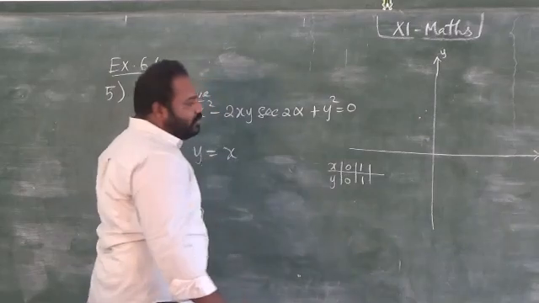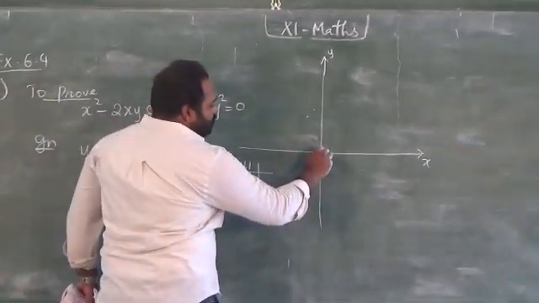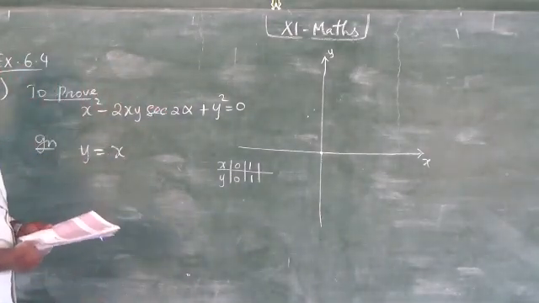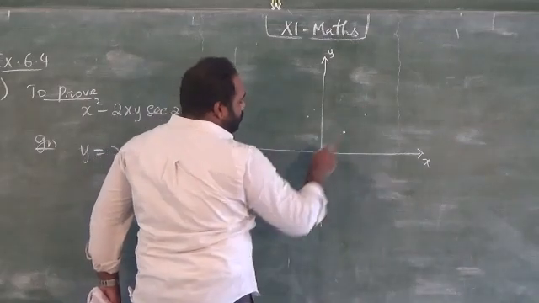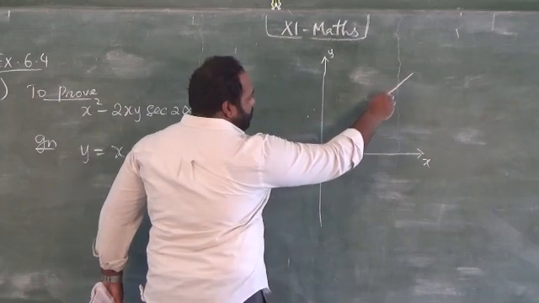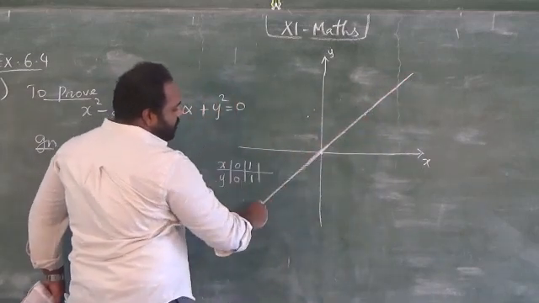So 2 points are enough to draw the diagram. So 0, comma 0, so definitely this straight line passes through the origin. So 1, comma 1, 2, comma 2, same like that, minus 1, minus 2 will come like this. So this line is passing through the origin.